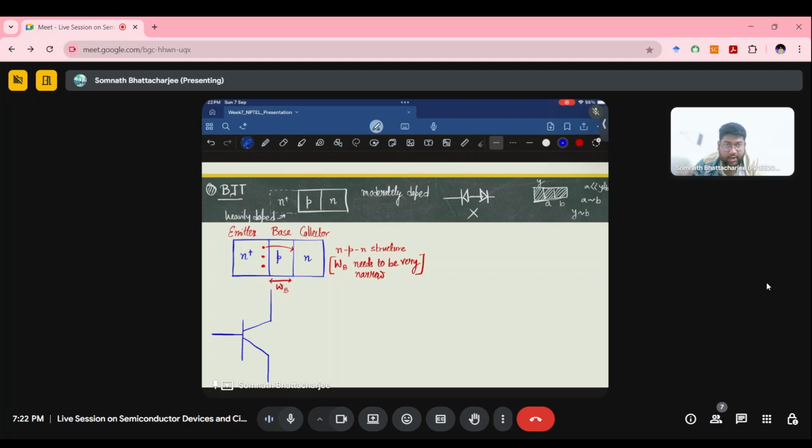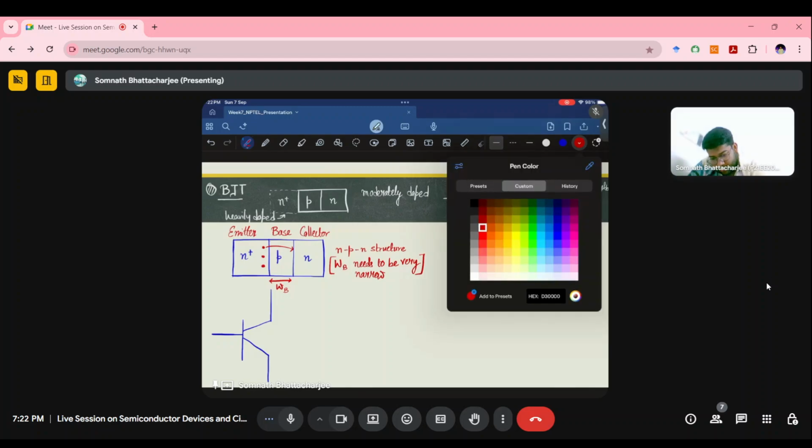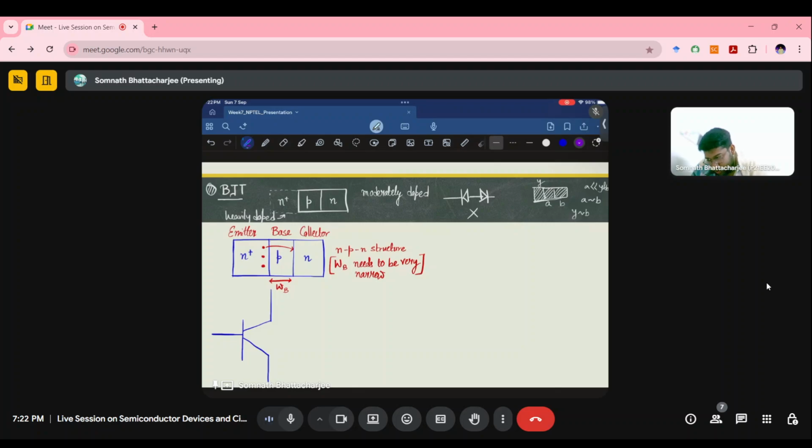I'm drawing it in portrait mode. This part is the collector part, this part is the emitter part, and this part is the base part.